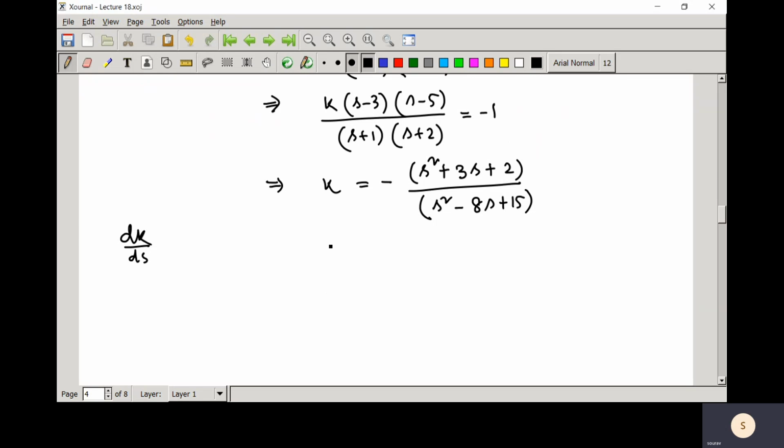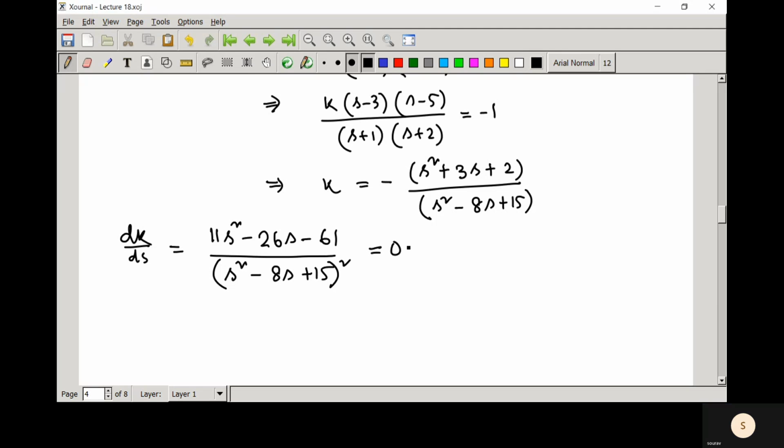If we take the derivative, then what you would get is, so you all should check this one, something divided by (s square minus 8s plus 15) whole square. Now at the break-in or breakaway point, dk by ds equal to 0. So what would be that value?